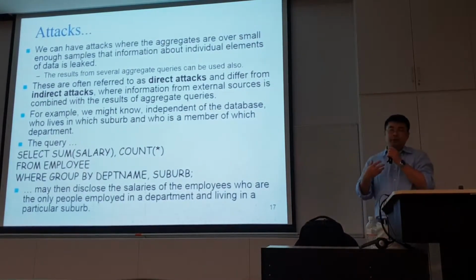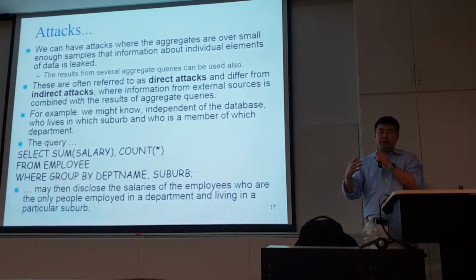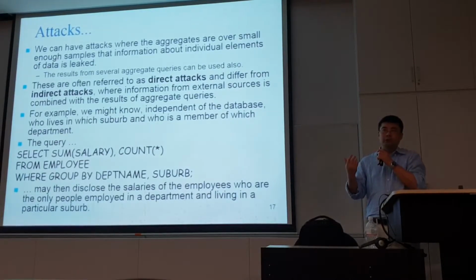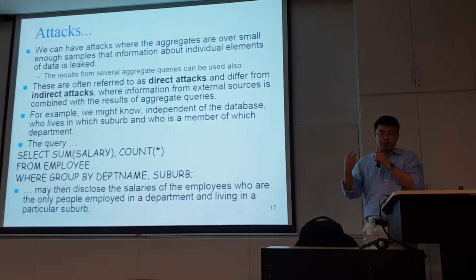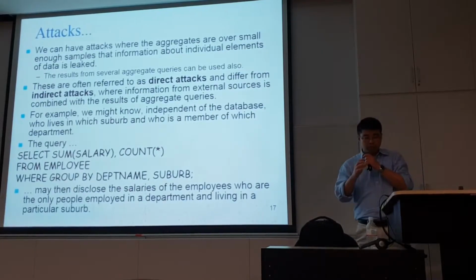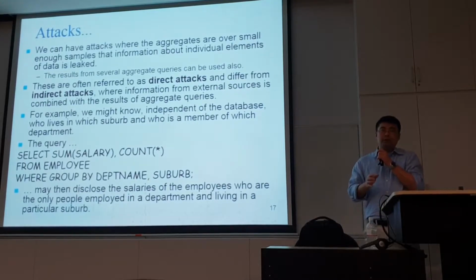The direct attack means you directly query the database to obtain an extra piece of information. For example, you can use count to identify there is only one female staff in this department, and then you can use average and sum to obtain the exact information of this staff.